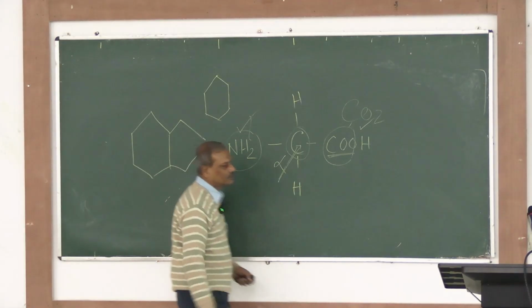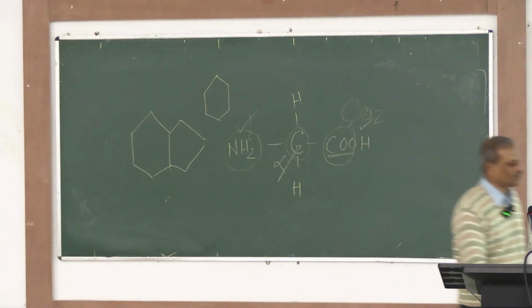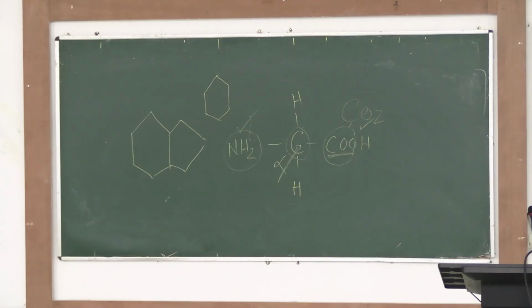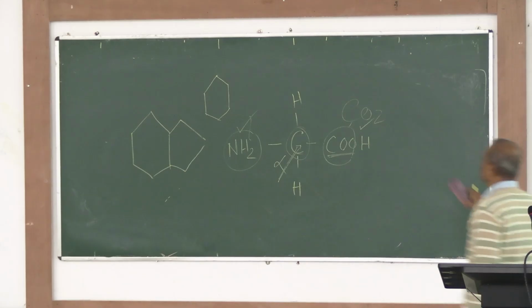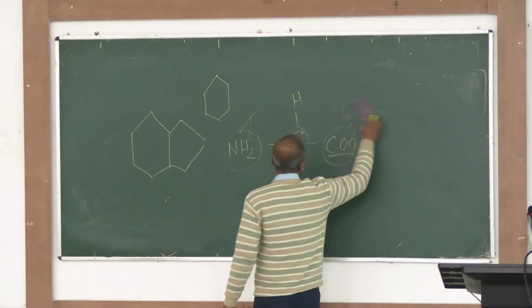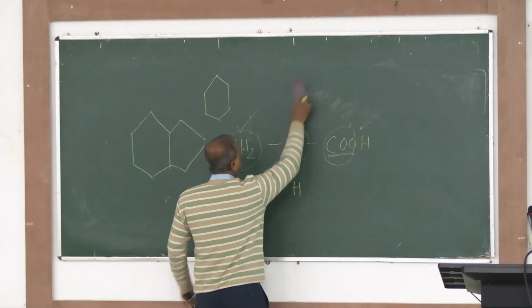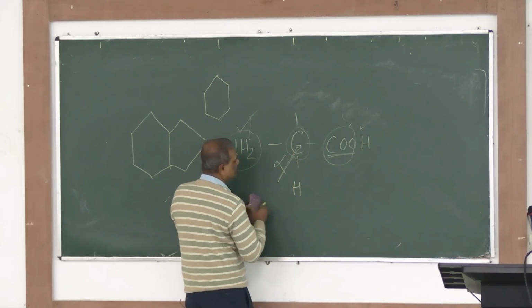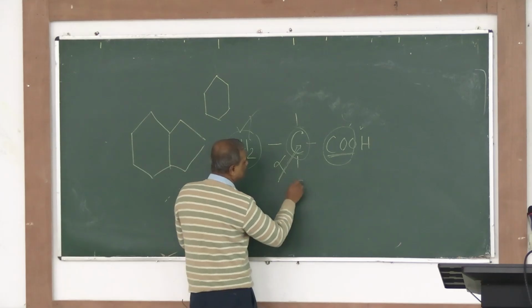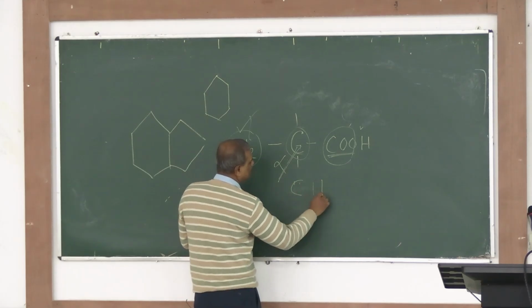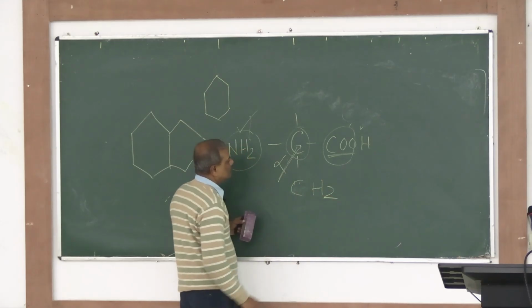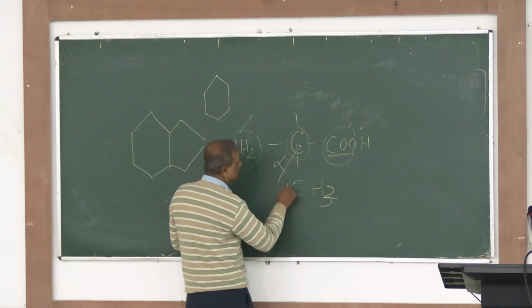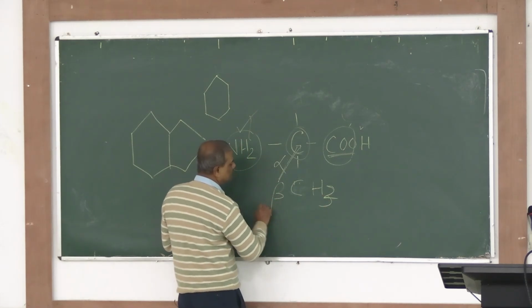Any structure attached to the first position is the alpha position. Now, if anything is attached to the next position, suppose CH2 or CH3, this is a beta position.